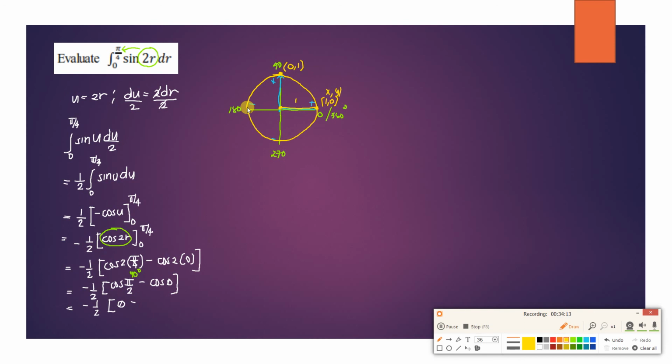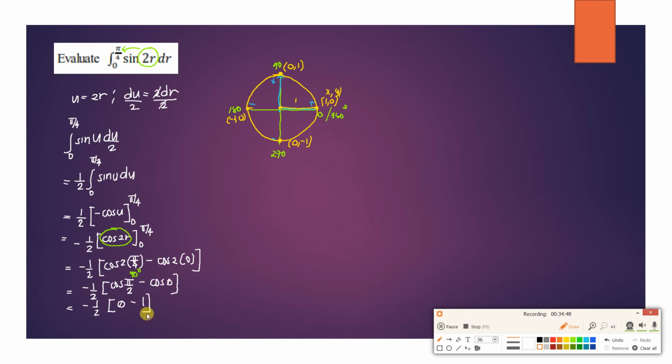Sa point naman na to, meron akong pahiga, pero negative. So, negative 1, wala akong patayo, 0. Dito naman, meron akong patayo, pero negative. Wala akong pahiga, 0. Yung y ko, negative 1. So, yung cosine 0 ay nasa first quadrant and fourth, so meron akong 1 na value. Sarap aralin yung trigo.